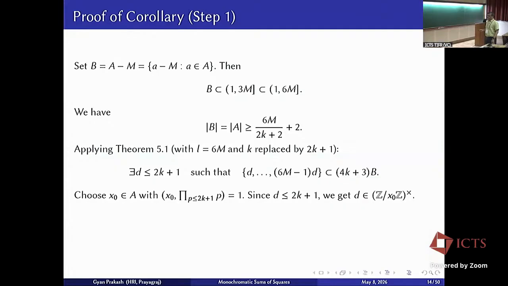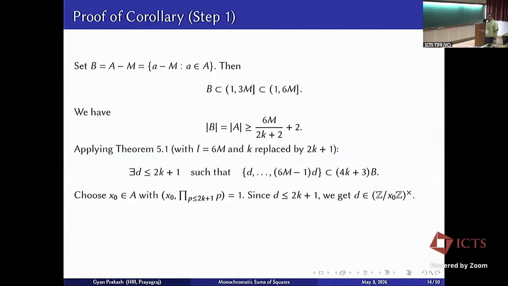Now choose x naught such that x naught has no small prime factors, and that is there by your assumption. Then such an x naught will be co-prime to this D, because D is less than or equal to 2k plus 1. So that means D belongs to Z mod x naught Z star. Now x naught is less than or equal to 3m.